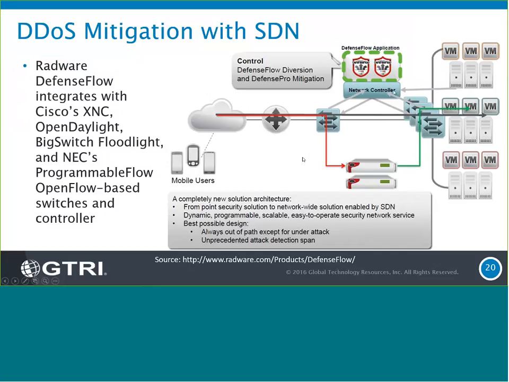Let's push out to the network elements, the virtual switches, and block this DDoS attack traffic. So Radware Defense Flow works with Cisco's Extensible Network Controller, Open Daylight, Big Switch, and NEC's programmable flow controllers as well. So many vendors here are collaborating, working together to create these types of solutions. So, another popular SDN security use case.